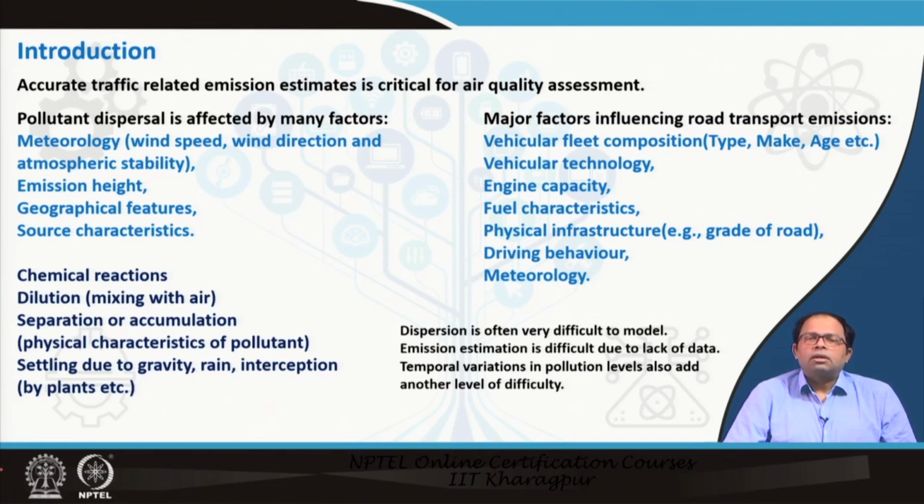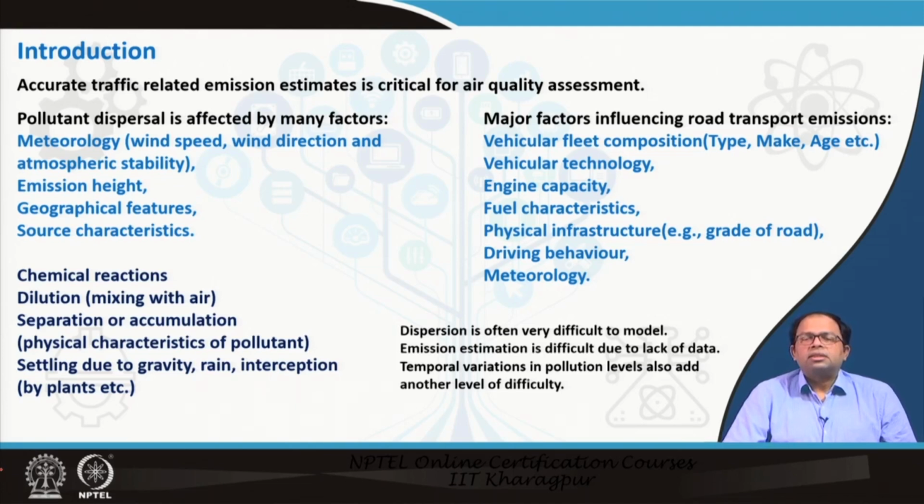Some have a hybrid technology, some have a certain kind of motor which is different from another vehicle, so the technologies are different, and that also leads to different amounts of emissions. And then engine capacity, that means the cubic capacity of the engine, also has a role in the total emission that is generated.